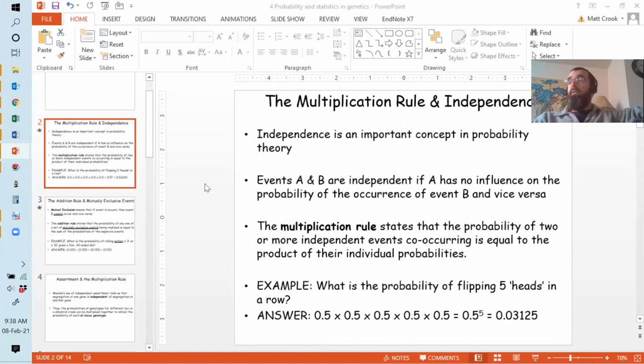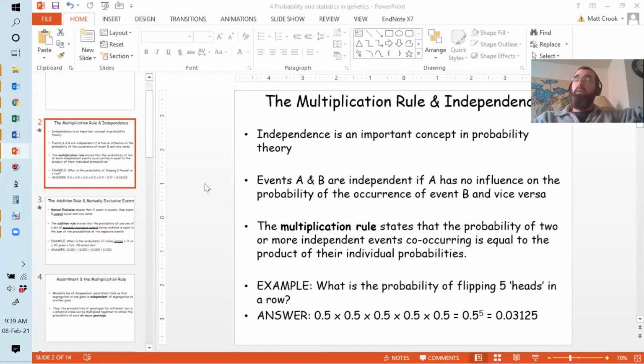Another way of thinking about it is phenotypes. For different genes, different phenotypes, those are essentially independent events. Let's use peas again, because we've already used this example.